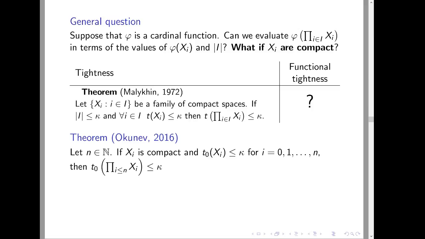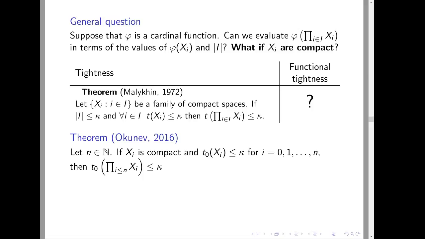In particular, he was able to show that the functional tightness behaves nicely for finite products. If you have a product of two compact spaces, then the functional tightness of the product is bounded by the maximum of functional tightness of those two spaces. And if you have it for two spaces, you have it for finitely many.